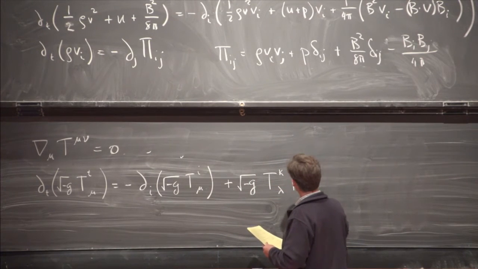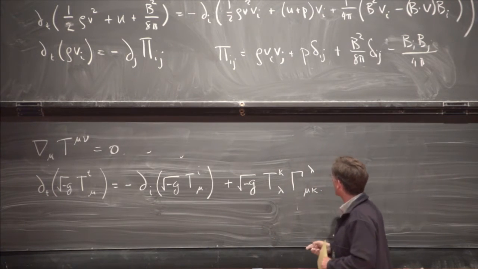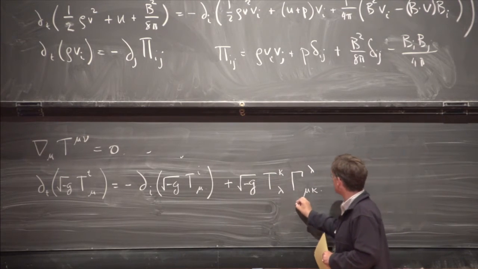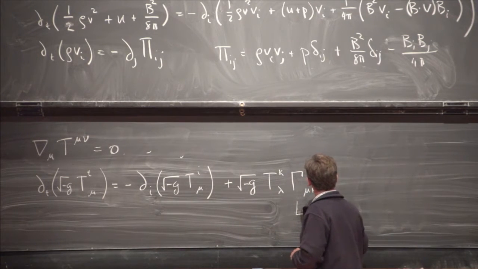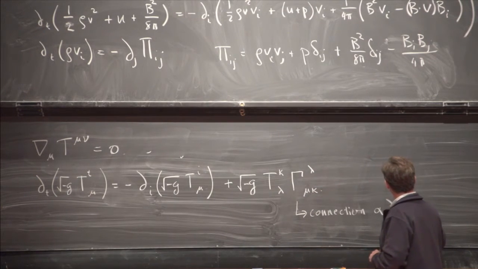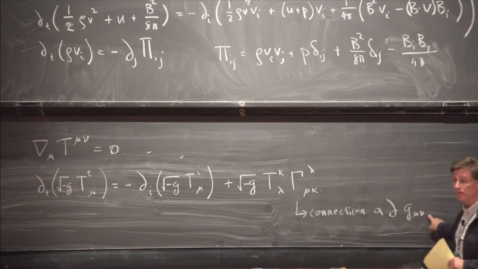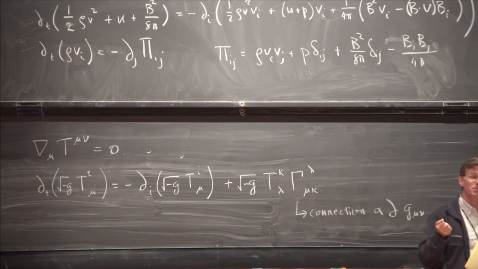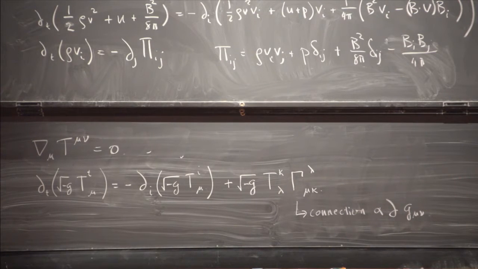And I hope I have my signs right. Where the covariant derivative is multiplied by something called the connection, which is proportional to derivatives of the metric. Okay? And this thing includes all the geometry terms. So it includes the effects of the gravitational field. And if you're working in a rotating frame, for example, it includes the effects of the Coriolis force. It includes the effects of centrifugal force.